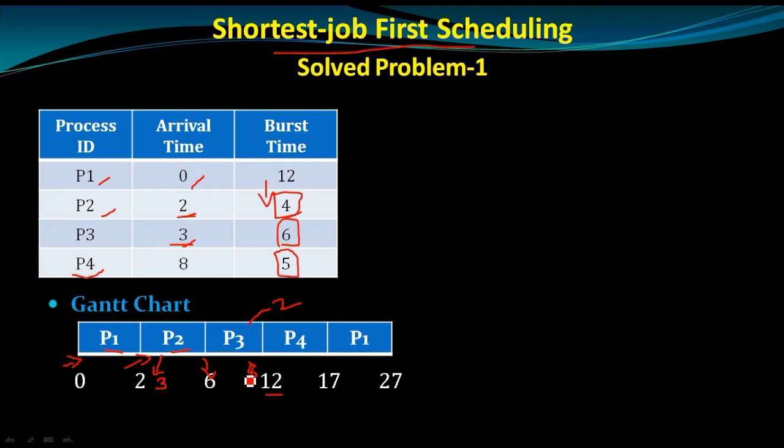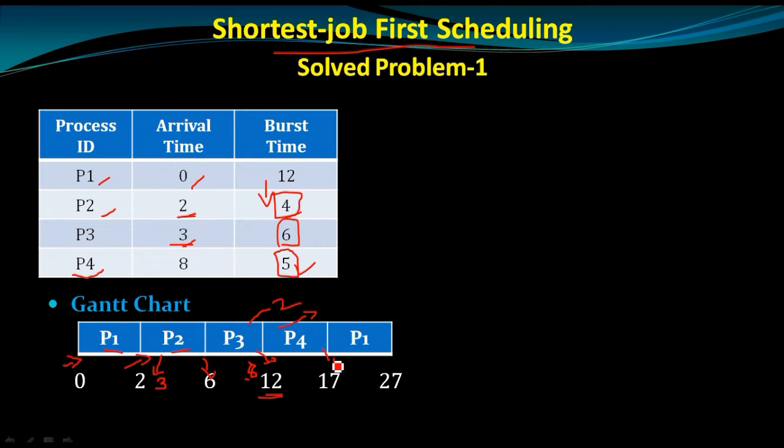Hence it continues till the 12th millisecond. At the 12th millisecond, P3 exits from the CPU and P4 is allocated the CPU, and it completes its burst time of 5 millisecond from 12 to 17. At the 17th millisecond it will exit.